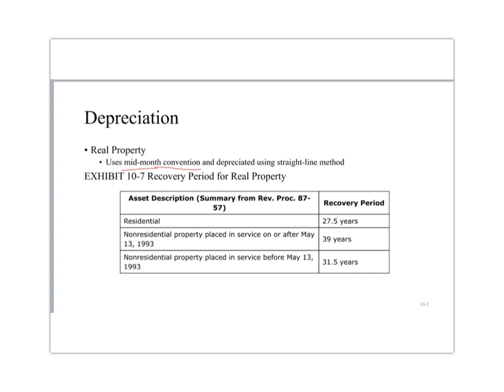So you have different useful lives depending on the type of real property we're talking about, residential versus non-residential. And then you have things that are non-residential placed in service before 1993 and things placed in service after 1993. So you need to pay attention to those.